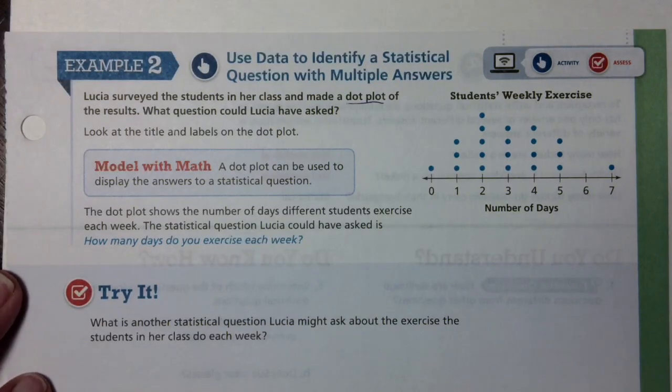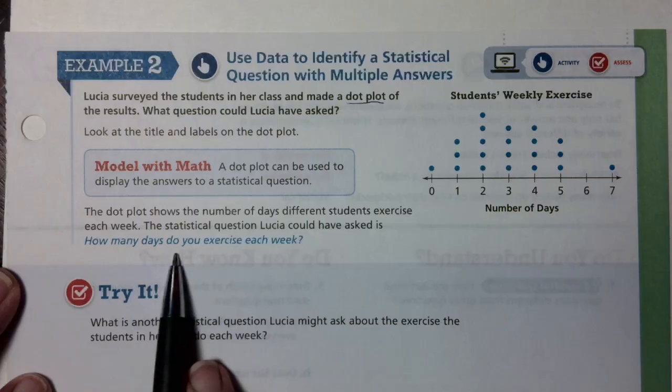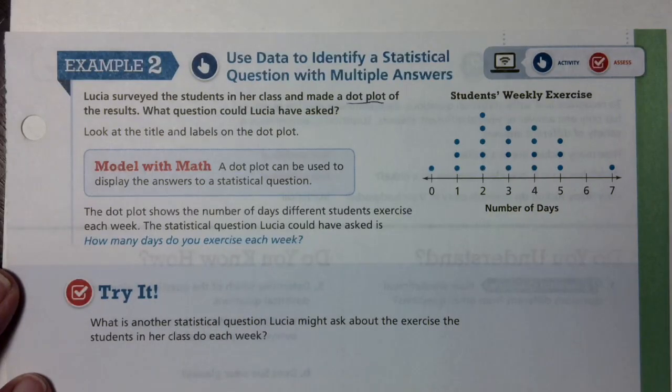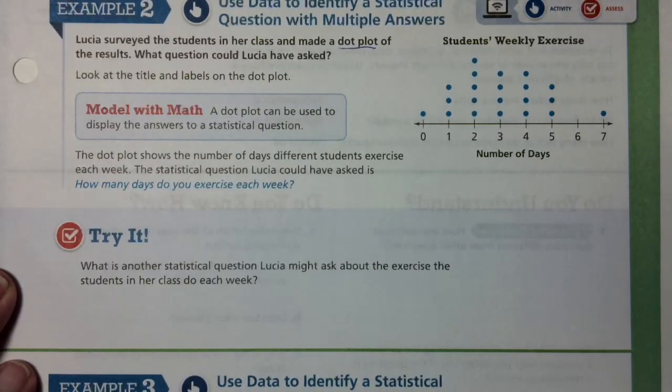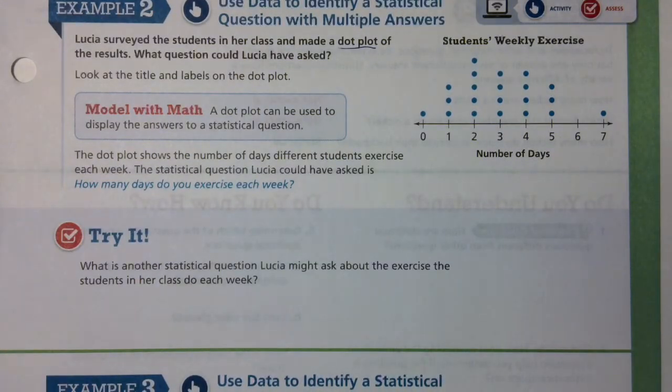Okay, so the dot plot shows the number of days different students exercise each week. A statistical question Lucia could have asked is, how many days do you exercise each week? Okay, and then what could be another question that we could come up with? What did I just say?